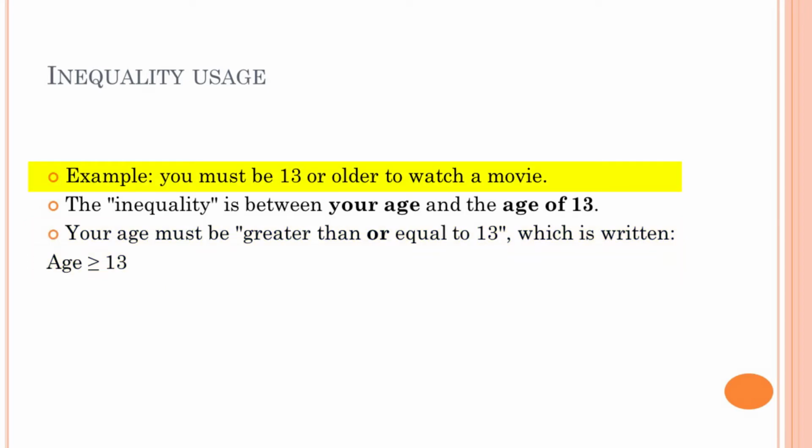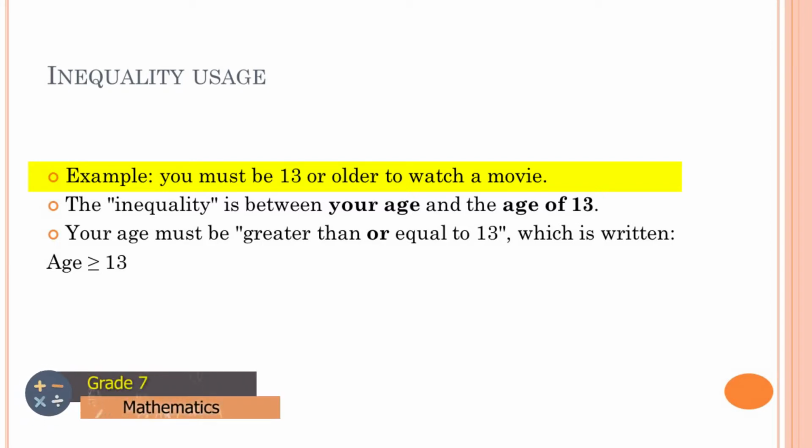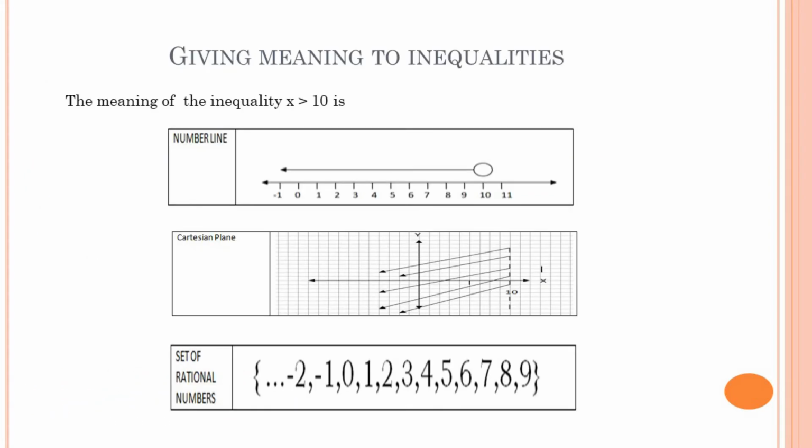You must be 13 or older to watch a movie. It means at 13, 14, 15, 16, you are privileged to watch a movie. If you're 12, can you watch a movie? Absolutely not. The meaning of the inequality, and like I said early on, we need to give meaning to what we say of an inequality.